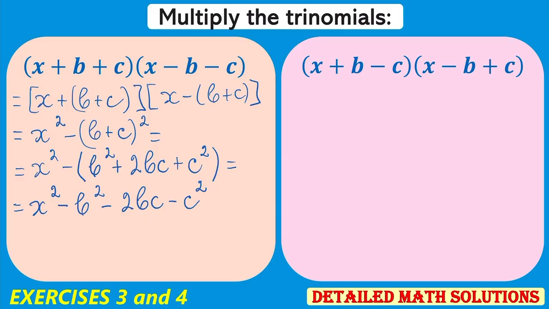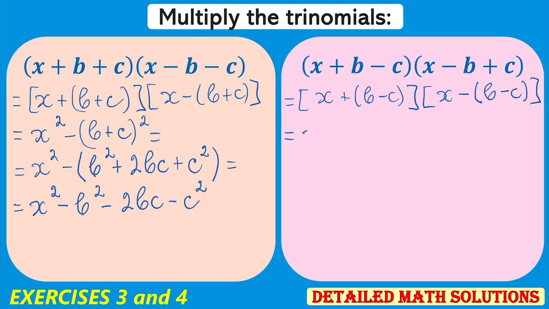Next exercise. Multiply the trinomials (x + b − c) and (x − b + c). This equals [x + (b − c)] multiplied by [x − (b − c)].